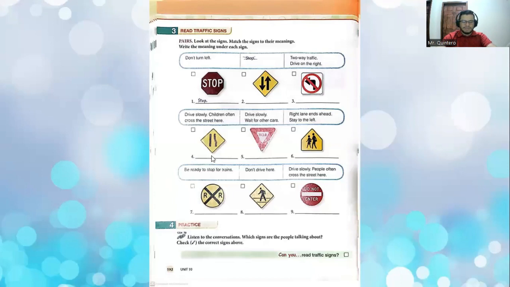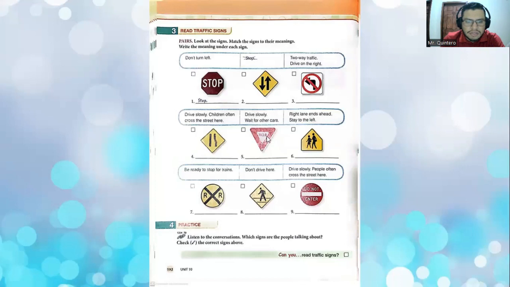The next one. What do we have over here? What is the number one? In this case, on the second line, we have right lane ends ahead. Stay to the left.